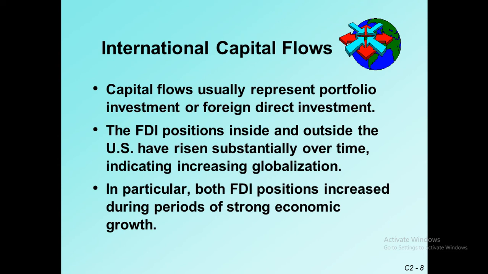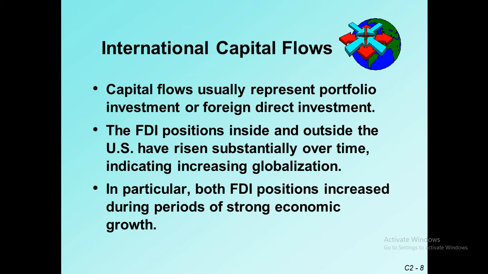The foreign direct investment positions inside and outside the US have risen substantially over time, indicating increasing globalization. Globalization increased the foreign direct investment of the US. In particular, both FDI positions increased during periods of strong economic growth. When there is economic growth in the world, foreign direct investment increases.